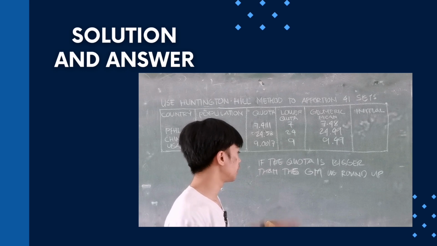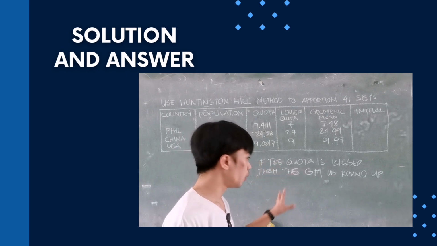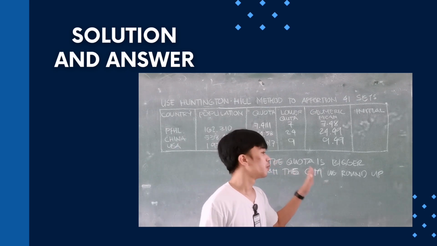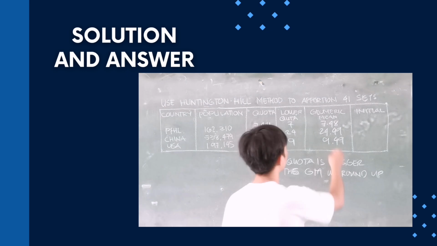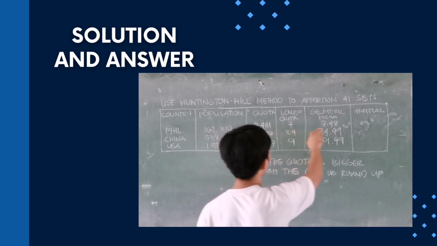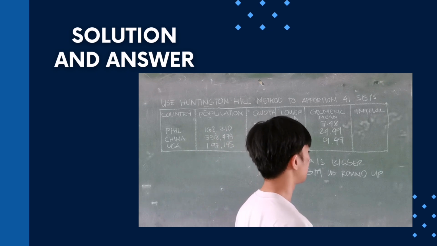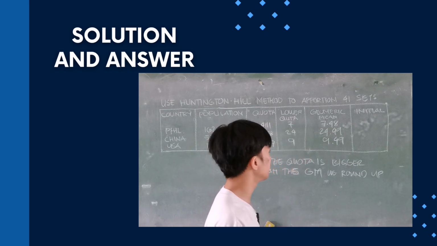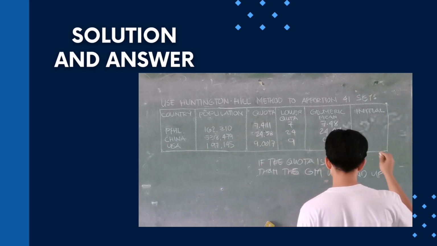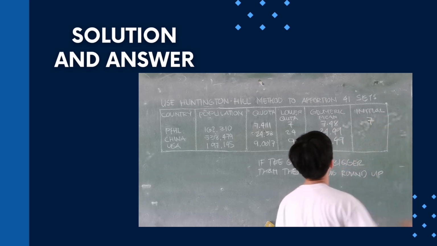And if the quota is smaller than the geometric mean, we round down. So for this, quota versus geometric mean. The quota is smaller than the geometric mean, so it means you need to round it down.